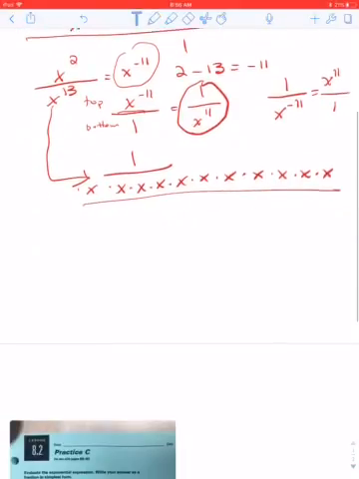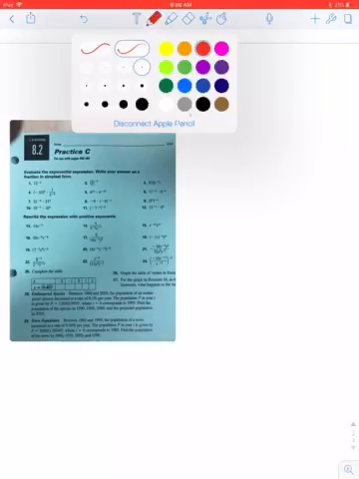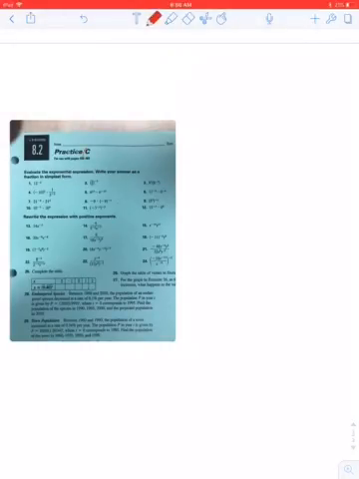Let's try a couple that are on the worksheet. On the worksheet, I've started with C. I almost wish that I had printed out A for you guys, because 8-2 is really hard. So right here, we are going to just start with number 1. And number 1, remember you guys start on B, is 12 to the negative 2. And remember, I said think of all of these as over 1.